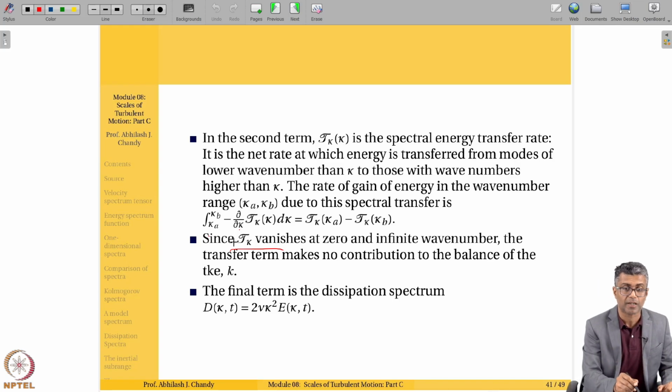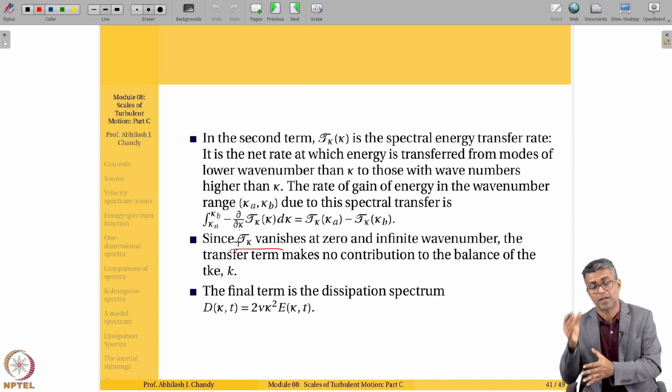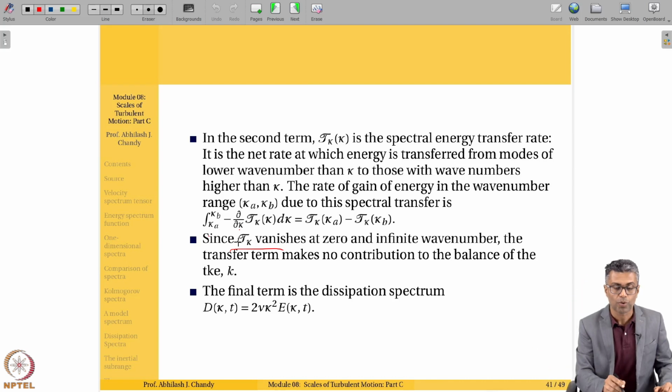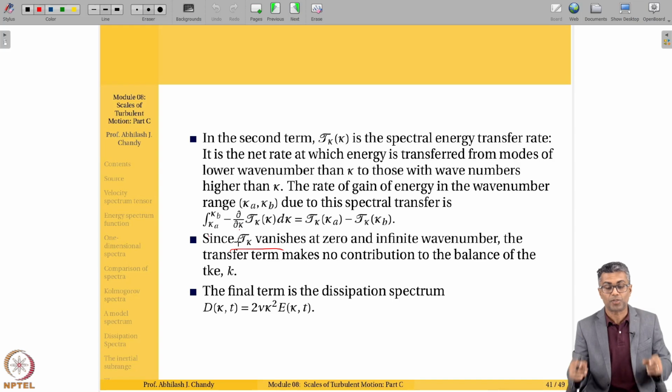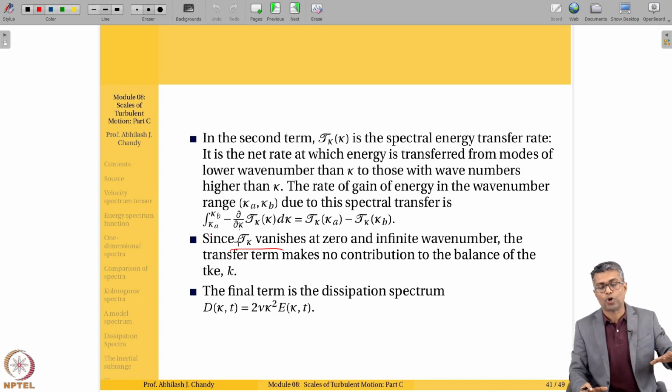Since you are integrating a derivative, you will actually get that term exactly, isn't it? Because the derivative goes away. So what you have is T kappa at kappa A minus T kappa at kappa B. So that is the important point. If you want to take the energy transfer rate over a certain range, it's basically the difference of the endpoints. So essentially, the transfer has no contribution to the total turbulent kinetic energy. Doesn't that make sense?